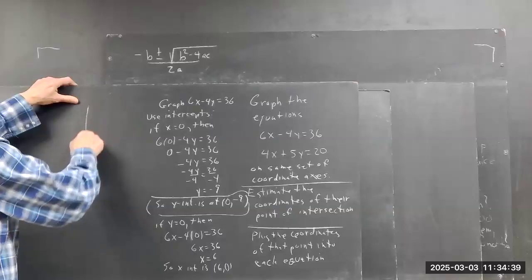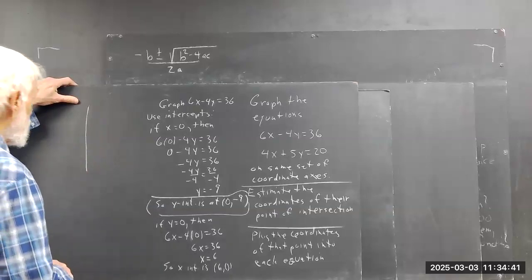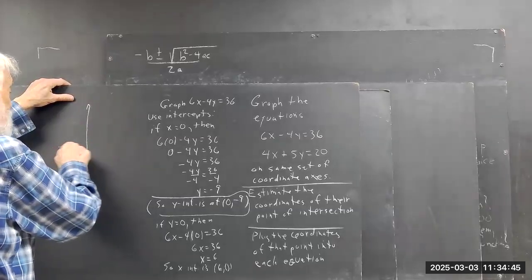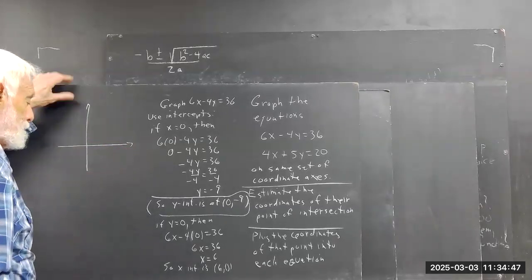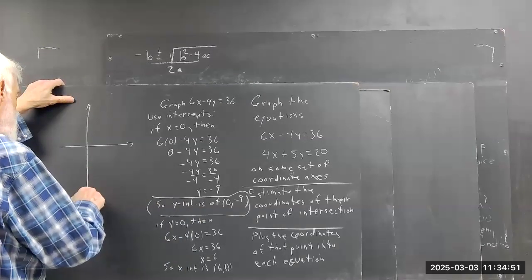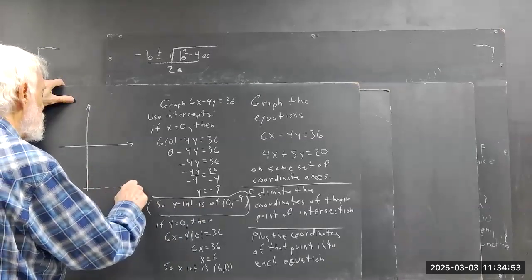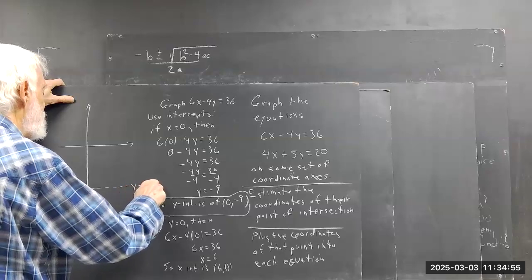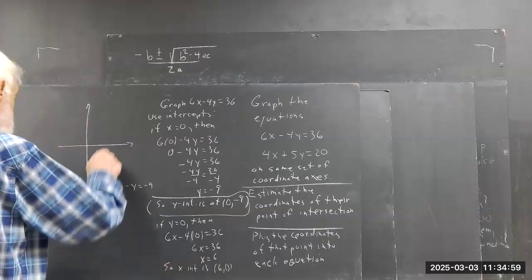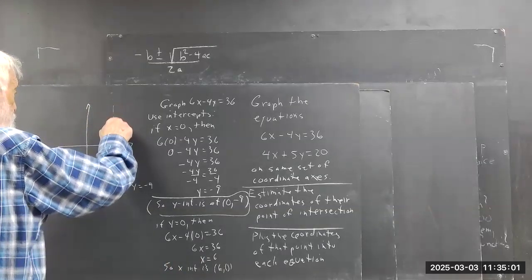So now I can sketch this graph on a nice straight set of x-y axes. Okay, I've got the point 0, negative 9. Well, I'm going to put y equals negative 9 down here. I'm going to put x equals 6 about here.